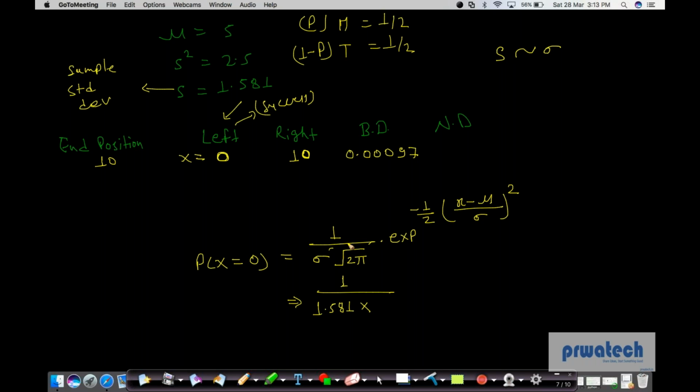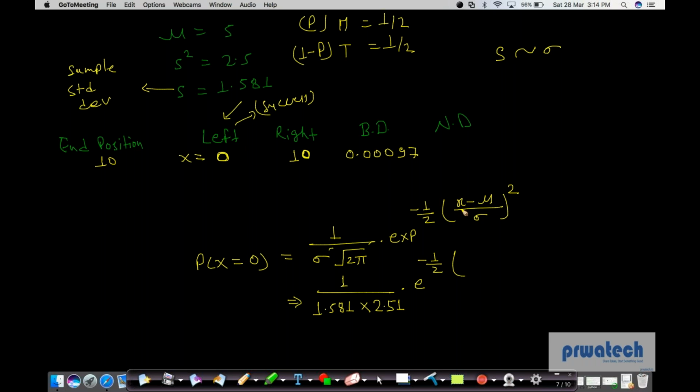And what is the square root of 6.28? It is 2.5059. I'll keep it till 2 decimal points, so 2.51, because it was 505, so I took only till 2 decimals, into e to the power exponent minus 1 by 2.